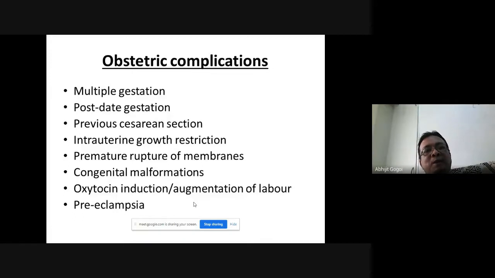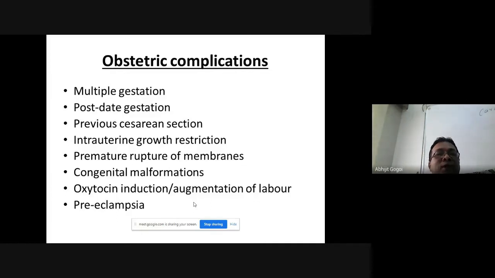Or obstetric complications like multiple gestations such as twin pregnancies, post-maturity, a history of previous cesarean section, IUGR recorded on the ultrasonography, ruptured membranes, or any sort of genetic or congenital defect. Or if you have given oxytocin and the labor has not started, then also you can look for the CTG result. Or any sort of preeclampsia, that is a must. These are the obstetric complications.